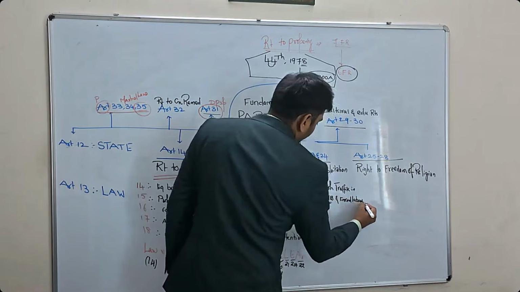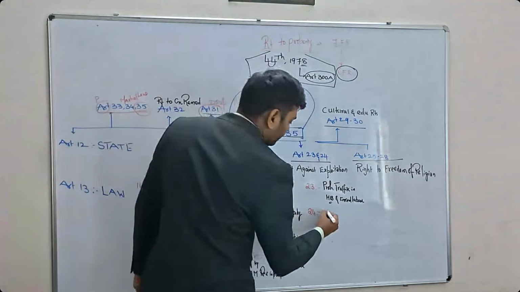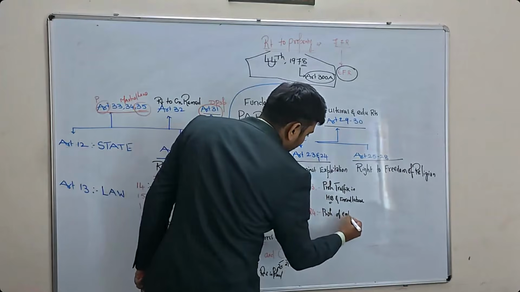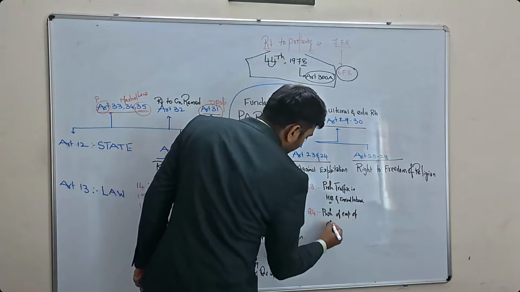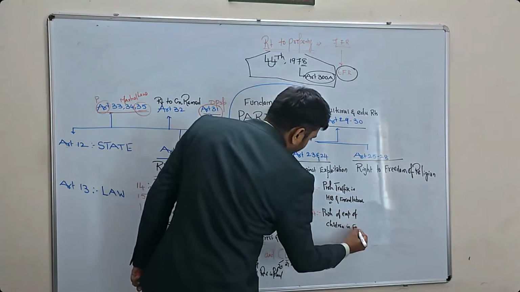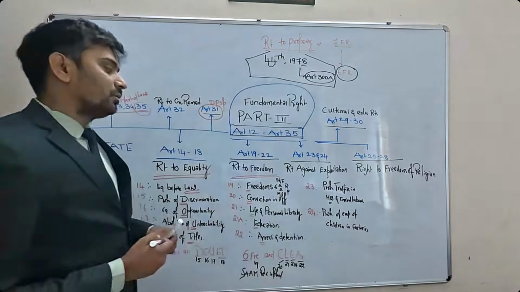And then Article 24: prohibition of employment of children in factories.